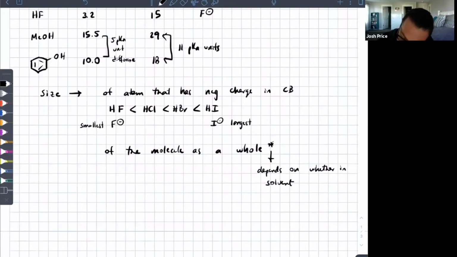I wasn't going to talk too much about the gas phase because as organic chemists, much of what we do is not actually in the gas phase, but it can be interesting to consider some differences there.